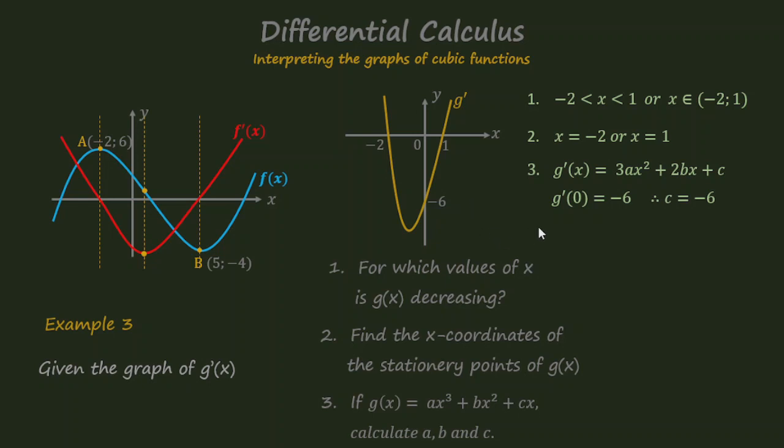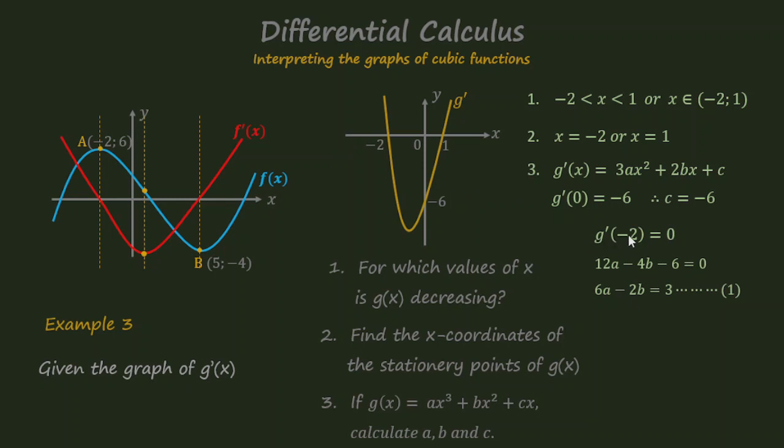Now, what we know is that the derivative of g at -2 is 0 because this is the x-intercept. So we can use that and solve it to find our first equation.